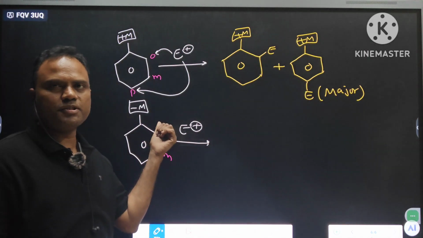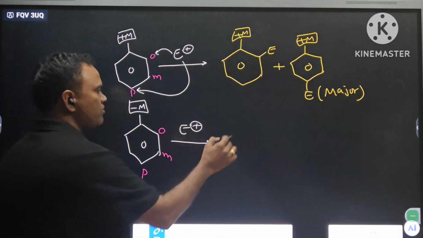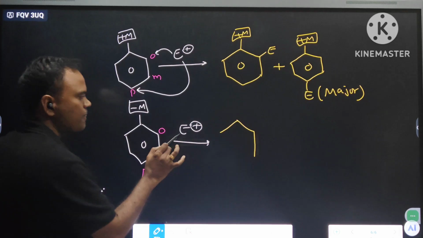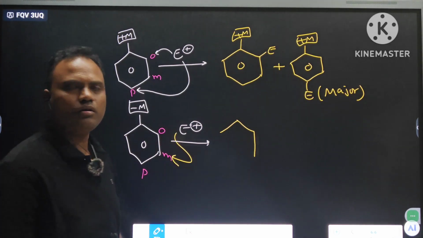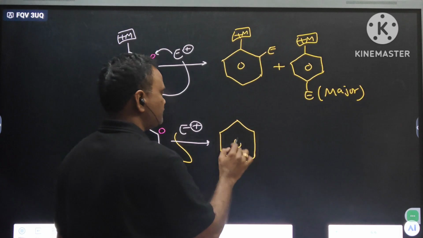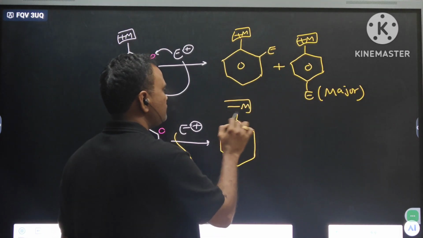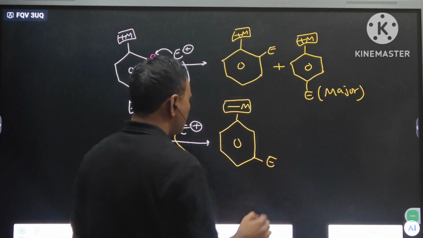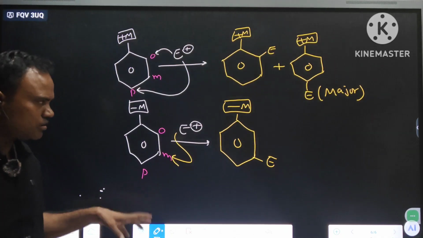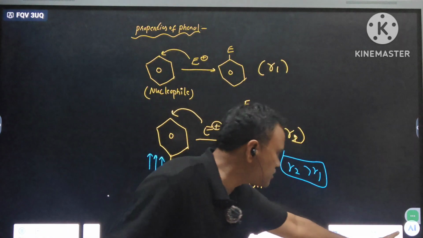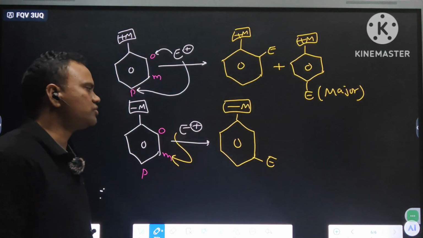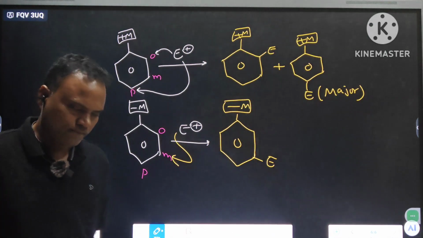When minus M group is present, what is the major product? Look at this, preferentially it goes to meta. So based on these two concepts, previous concept and this concept, we can give one generalized statement, right?